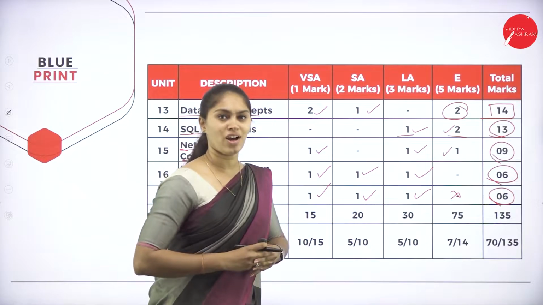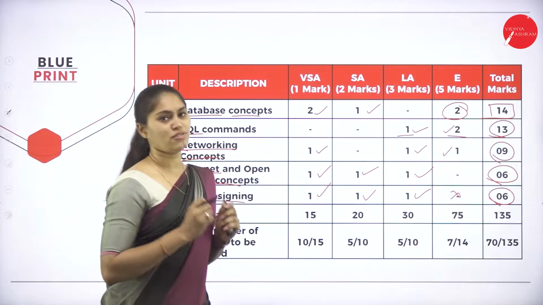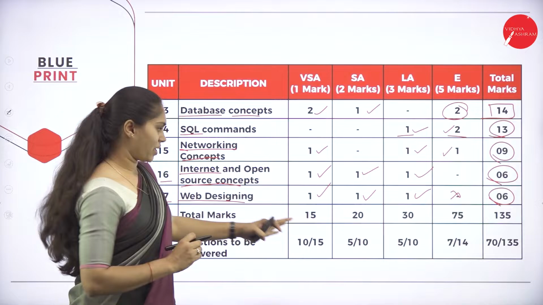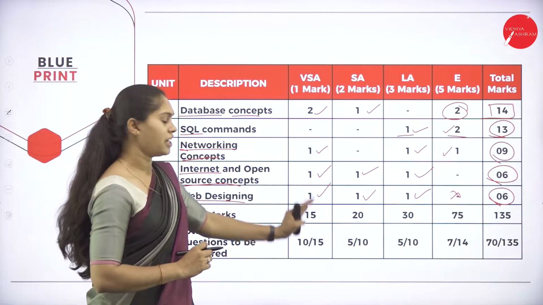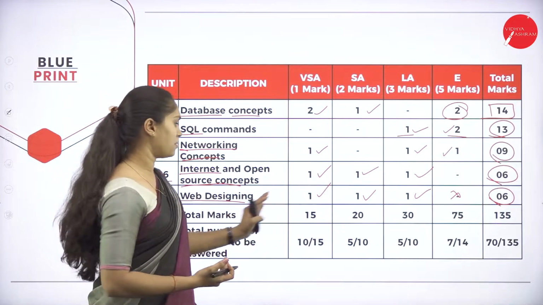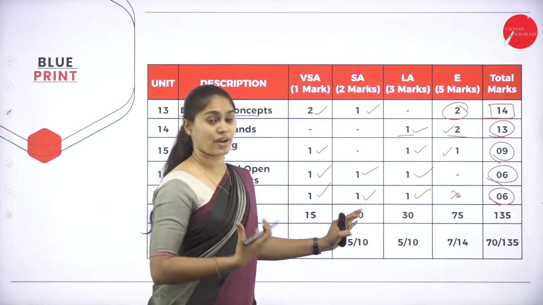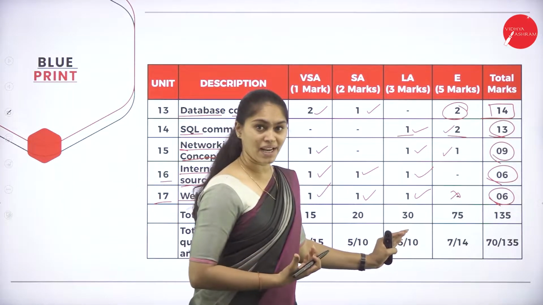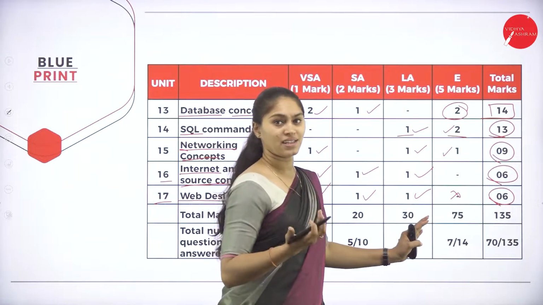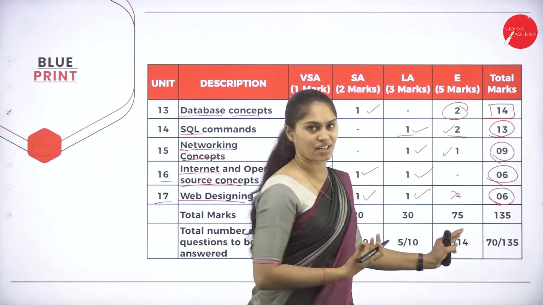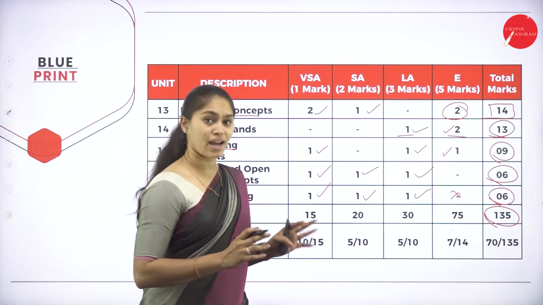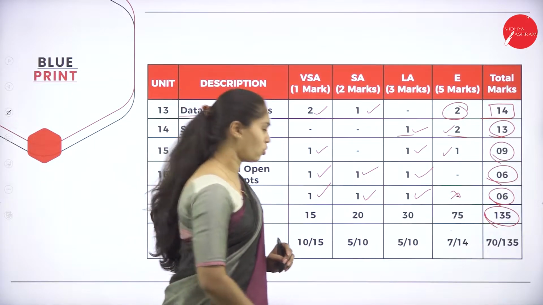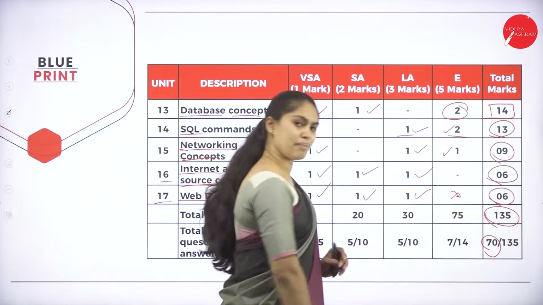So I hope you all understood the marks distribution of each chapter. And here you can see that from part A, 15 questions and that will be for 15 marks, and part B completely is for 20 marks, part C completely is for 30 marks and part D completely is for 75, and the paper has been set for 135 marks, but you have to answer only for 70 marks.